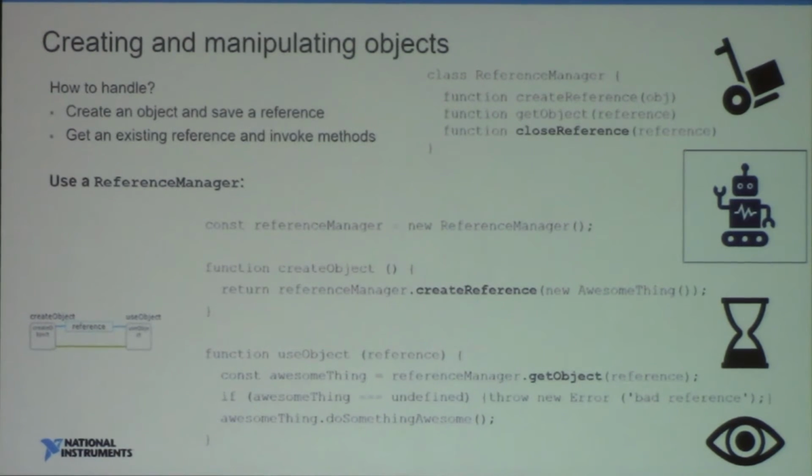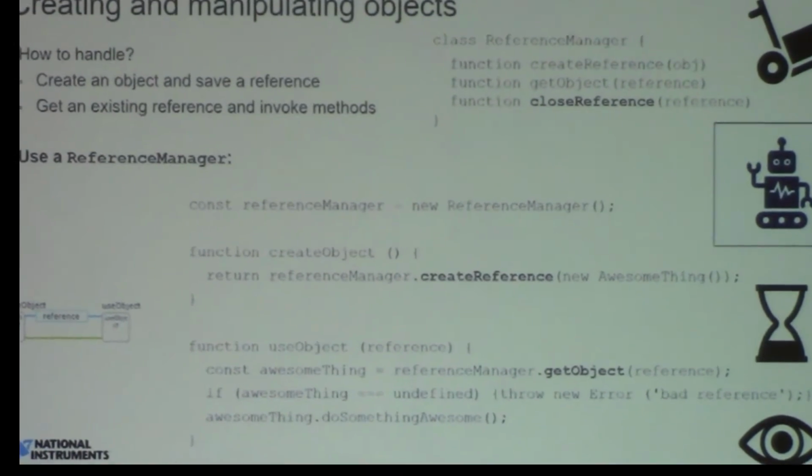I'm going to put a little snippet online called the reference manager, and what that does is you can use that to create a reference, it'll return a number, you can pass the number back to your diagram, pass it to a different function, it can look up that number, and then get a reference to the object you want to manipulate. Clear as mud?